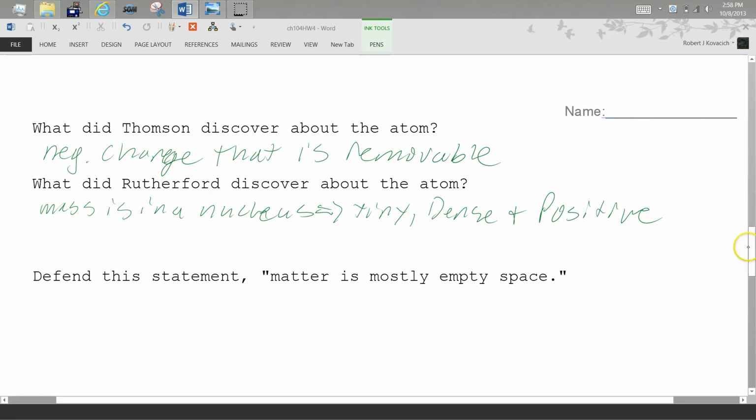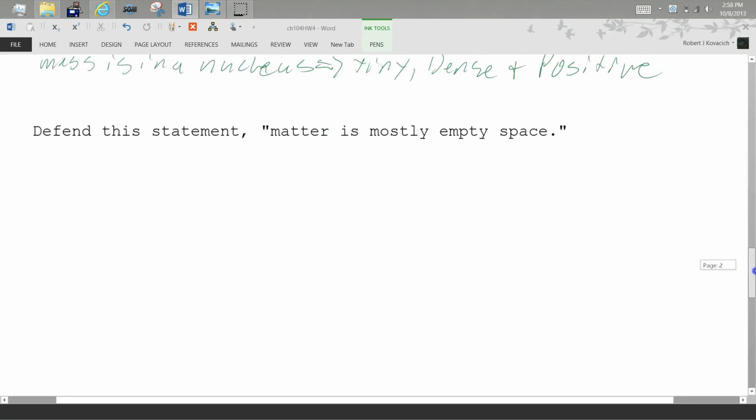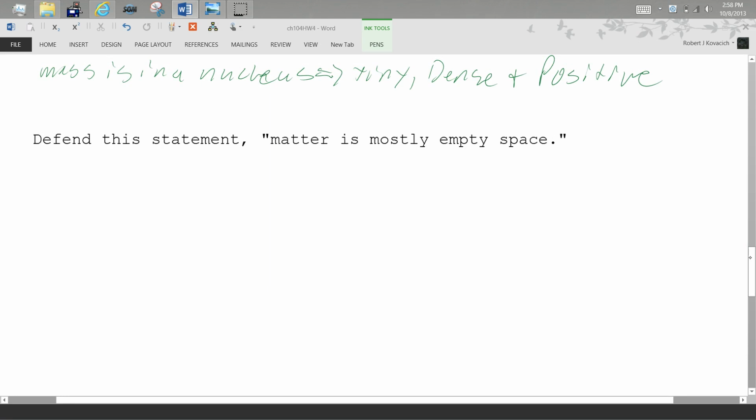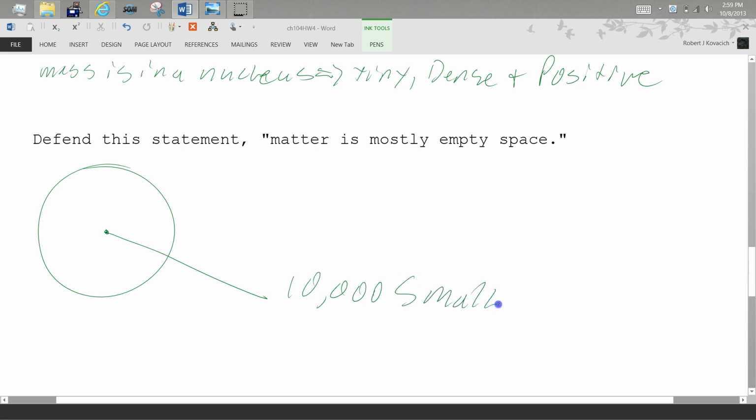Okay, how about this defense of this answer that matter is mostly empty space? The gold foil experiment. Most of the things went through, for sure. The nucleus, this answer from above, right? The fact that the nucleus is tiny and that's where the matter is. So you could say something like nucleus here, atom here. This thing is like 10,000 times smaller than that thing. And all the mass is in that little tiny spot in the middle.